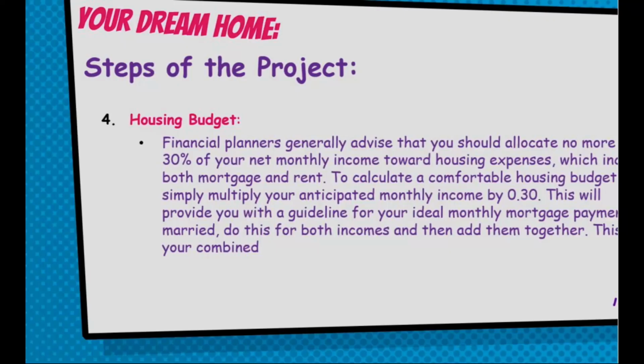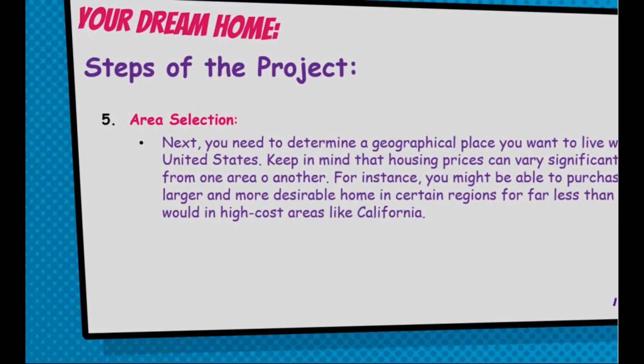So after you've found your net monthly income, say that was $4,000, you're going to multiply that by 0.3, and that's what you need your monthly payment to be below. This will provide you a guideline for your ideal mortgage payment. If you're married, do this for both incomes, add them together, and then do 30% of y'all's combined income.